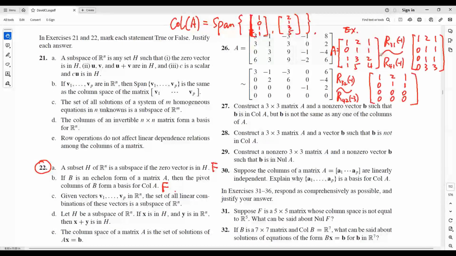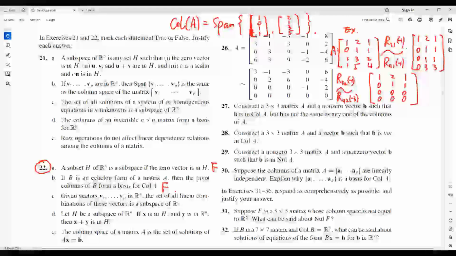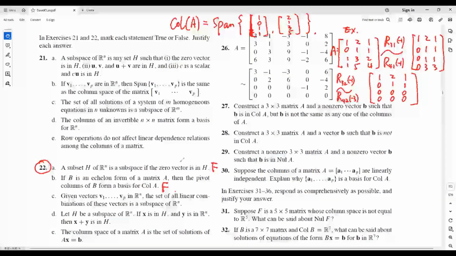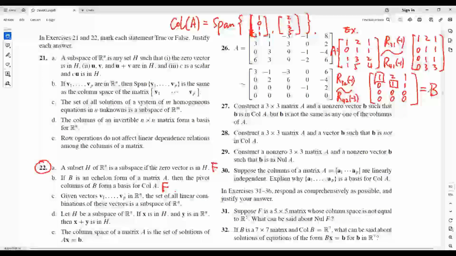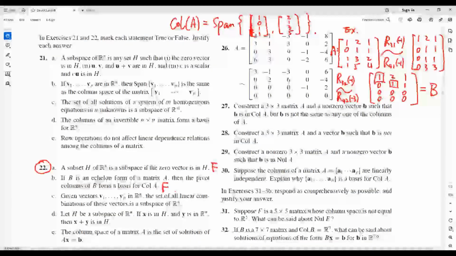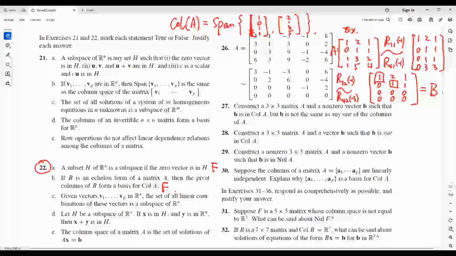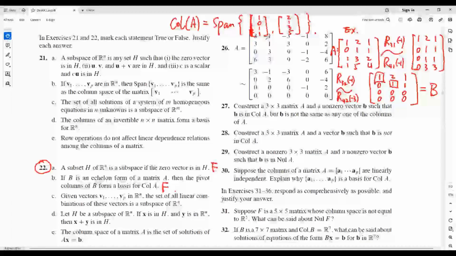Then by elementary row operations, we get an echelon form of A. This and this are pivots. So these two columns are pivot columns of B. But the third row and the fourth row are all 0. So these two columns cannot generate these two vectors. So the pivot columns of B do not form a basis for the column space of A.